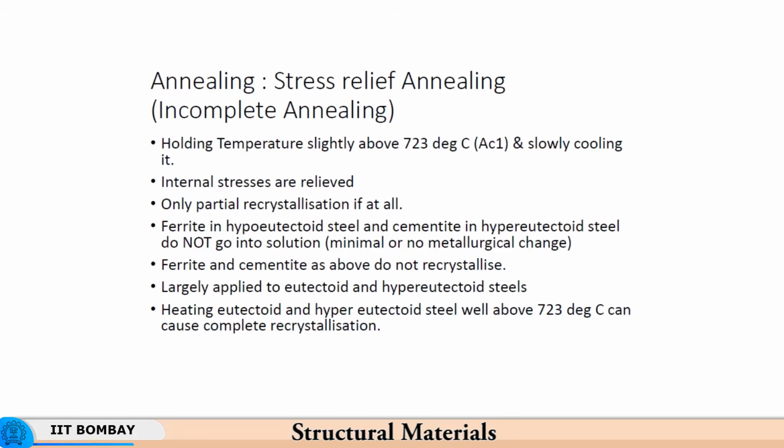So all that happens is the relief of internal stresses, which means that the yield point of the material being a little lower results in a small amount of plastic deformation and nothing else. So the dislocation density is also maintained at the same level.